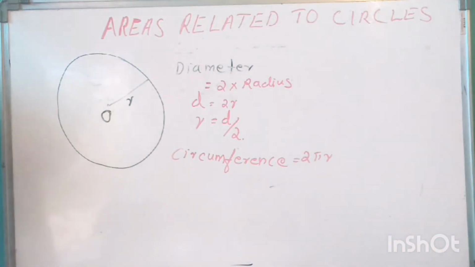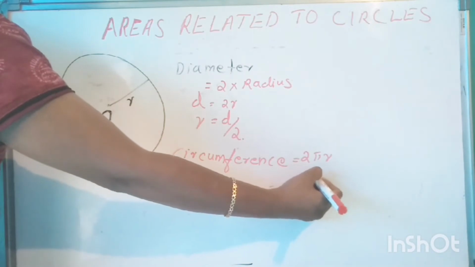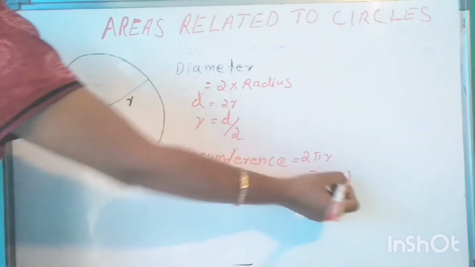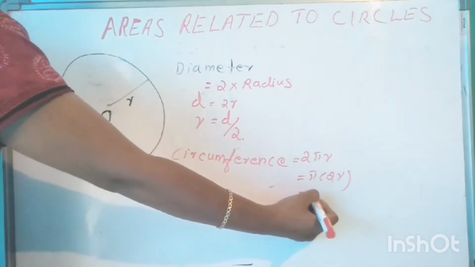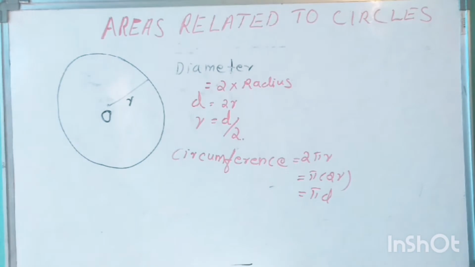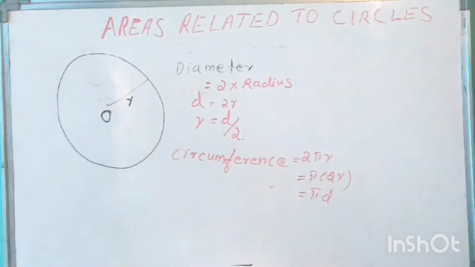Or we can write it as pi into 2r. This 2r is our diameter, so we can write it as pi d. Usually we will use the formula 2 pi r. If diameter is given, then directly you can find the circumference, that is pi into diameter.